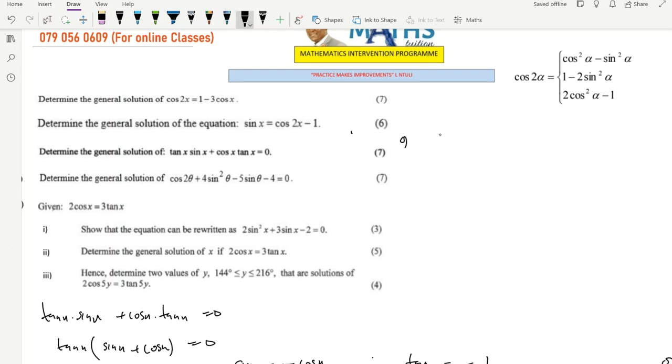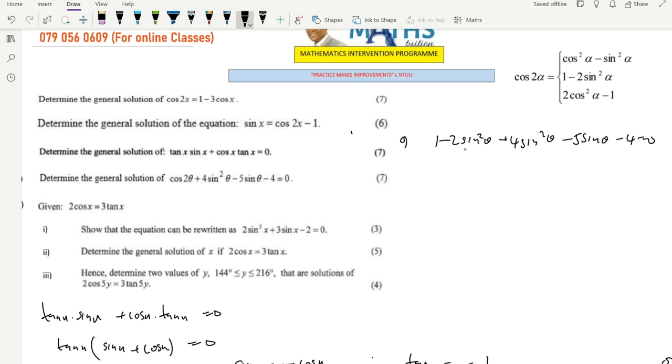It means instead of 2 cos squared theta, I will say 1 minus 2 sine squared theta plus 4 sine squared theta minus 5 sine theta minus 4 equal to 0.